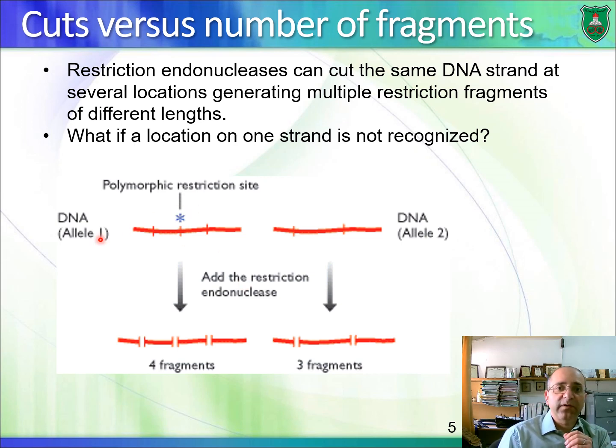So for example, let's say that this person is, of course, diploid, having two DNAs coming from mom and dad. So that's allele 1, allele 2. We already talked about that. And they are 99.99% similar in the DNA sequence. But there is one restriction site that is different right here.